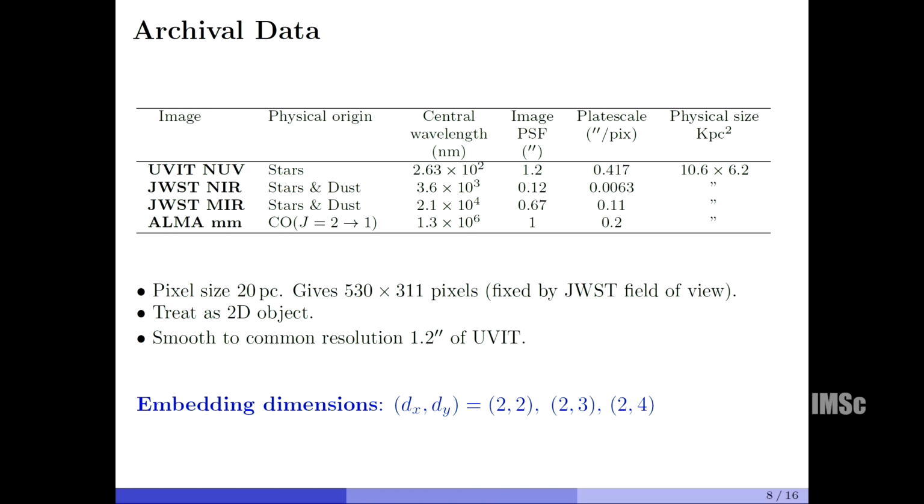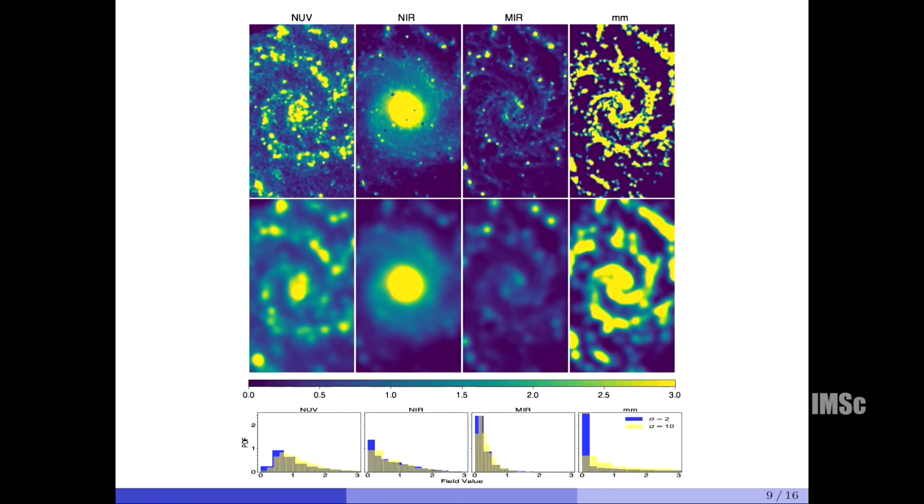These are the data that we use, and these are the particulars about the resolution. JWST has a smaller field of view, UVIT has a very large one, so everything is brought to the same resolution and same field of view, and in parsec size my resolution is going to be about 20 parsec. And I will play around with these three embedding dimensions.